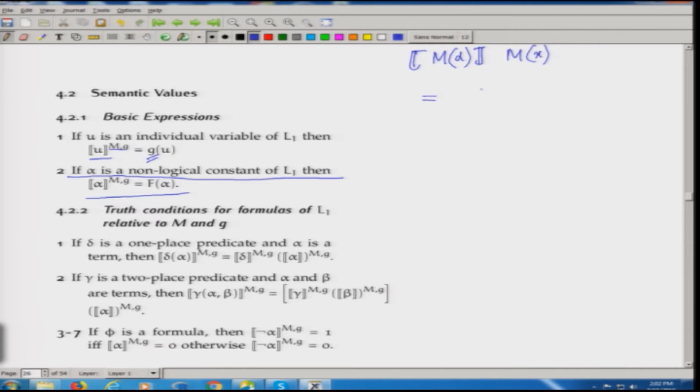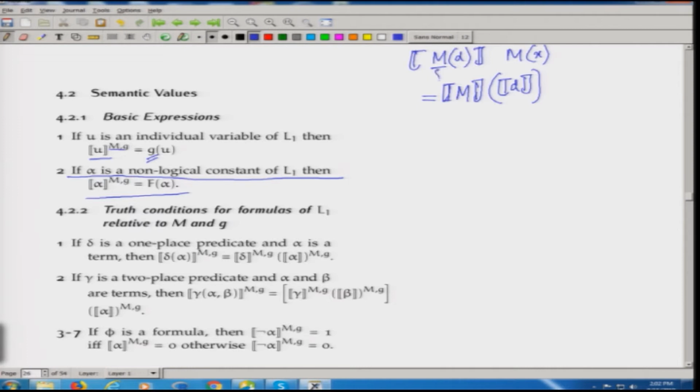The reference of M with the reference of D, as they have given here.